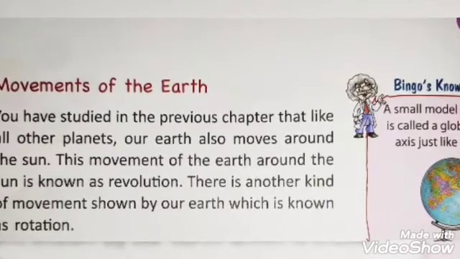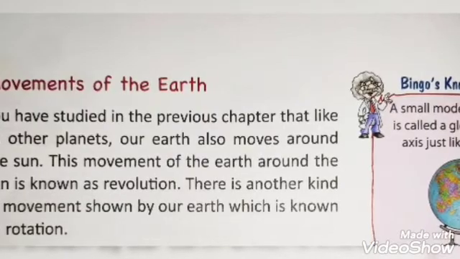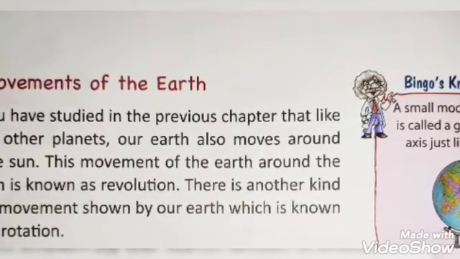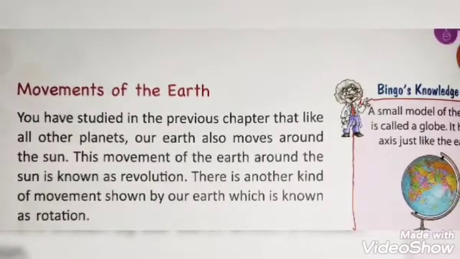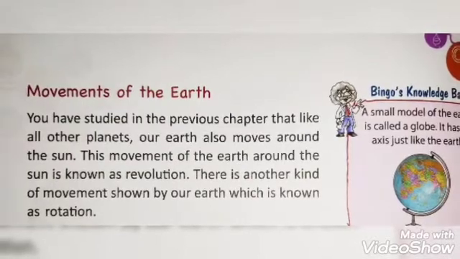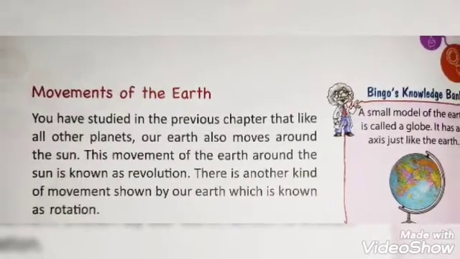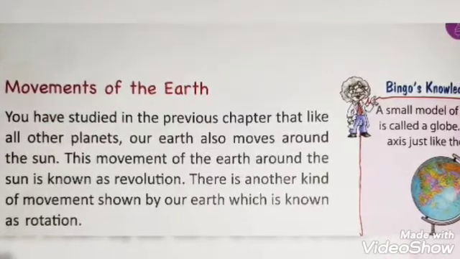To understand rotation, let's compare the earth to a spinning top. While spinning, the top moves round and round on the same place. It is considered that the top spins about an imaginary line passing through its center.